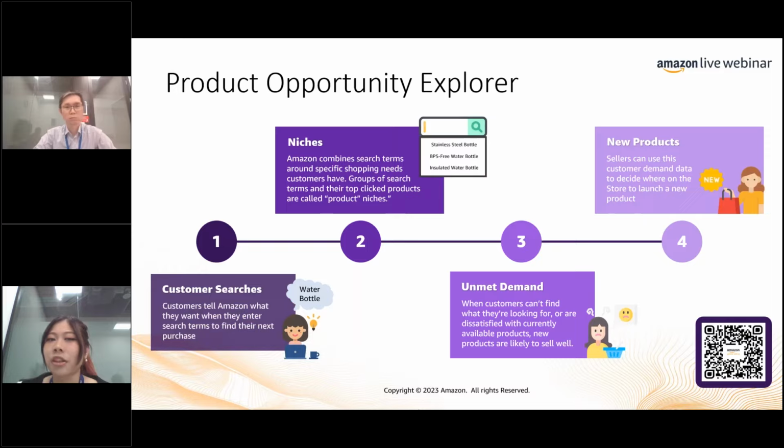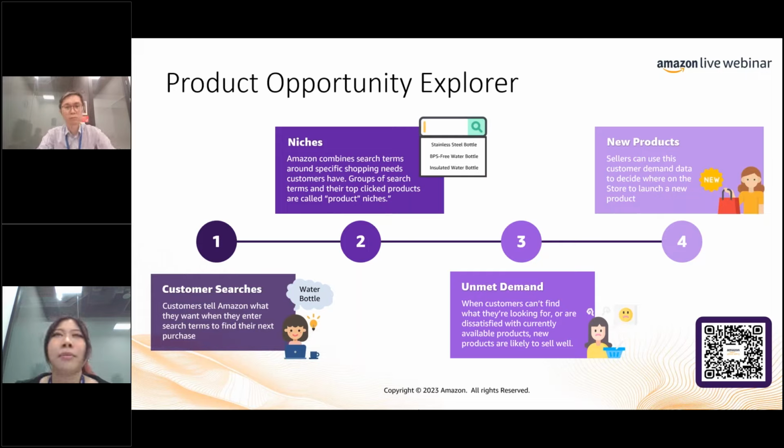Okay, so how this Opportunity Explorer works, I can briefly summarize over here, but I think it will be more useful if I do a demo later on. So firstly, whenever customers search on our search bar, on Amazon.com or any other marketplace, usually when they want to buy something, they'll directly search for keywords. So what Amazon does is bundle up all these keywords that people are actually searching for and segment them into something called a niche.